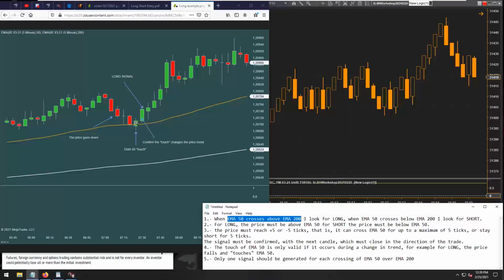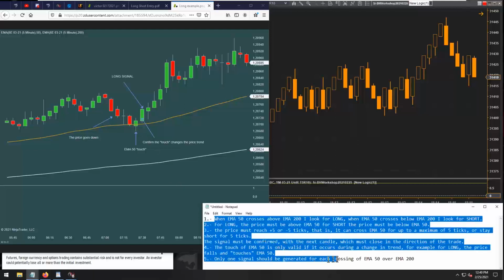So the signal would be on this green up bar according to this written documentation here. So guys, when you send in screenshots, make sure it correlates with what you have written here. All right, so the signal is actually going to occur on the green bar there.